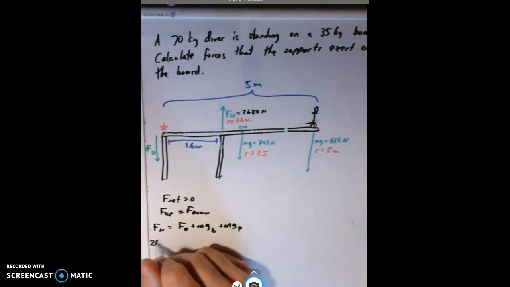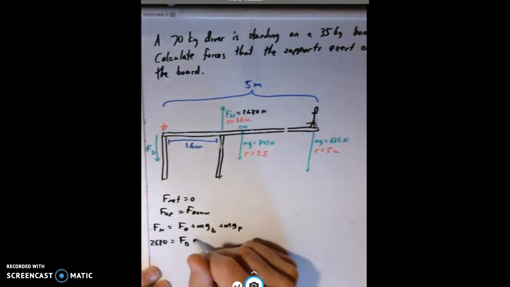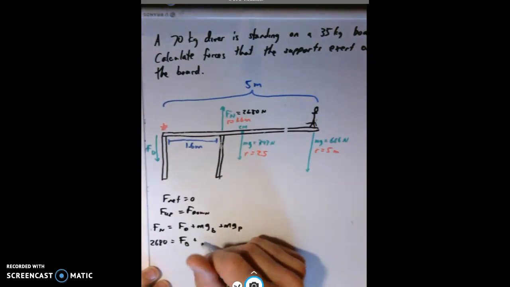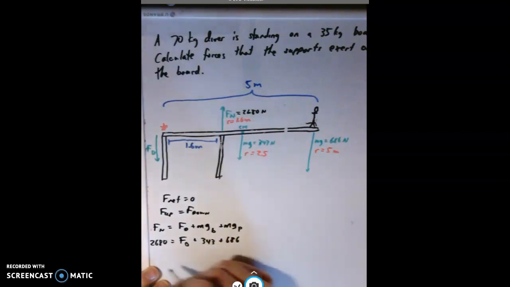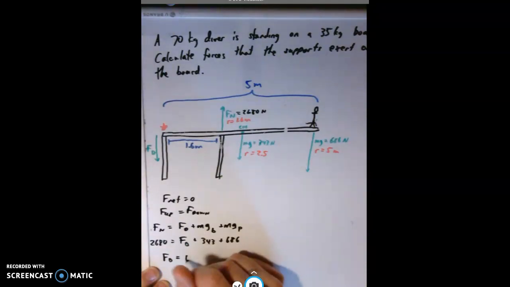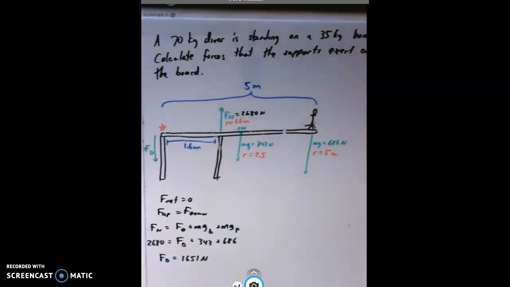So that's 2,680 equals the downward force plus 343 plus 686, and my downward force is equal to 1,651 newtons. So that's a nice simple way to solve that.